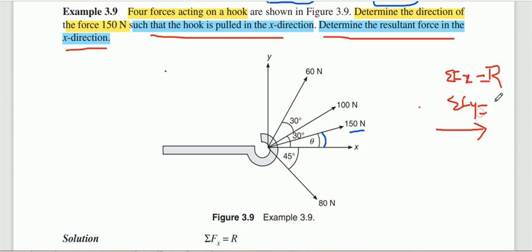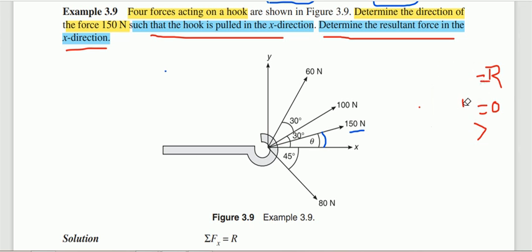This is the condition you need to consider based on the given statement. Is it clear how to write the condition? Are you clear with this? This is very important in this type of problems. If you write this condition, then you can easily solve the problem. Is it clear?